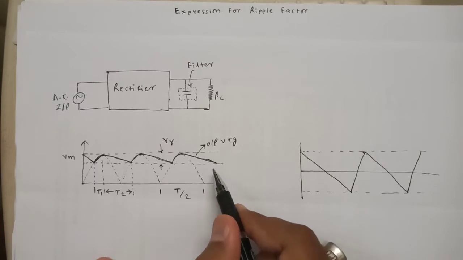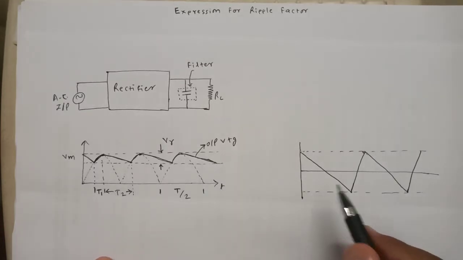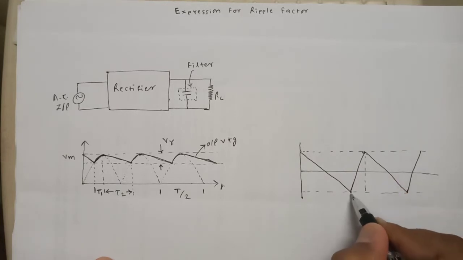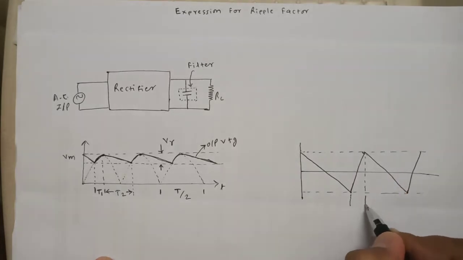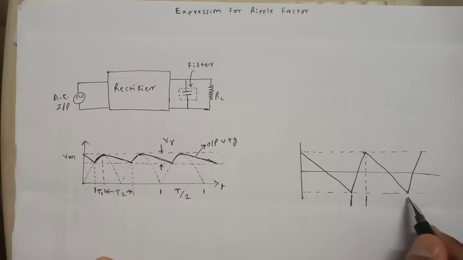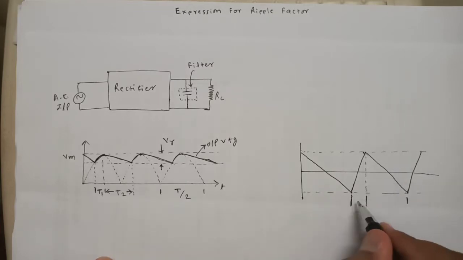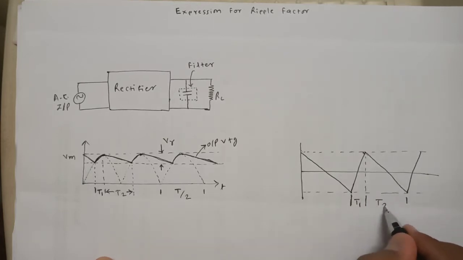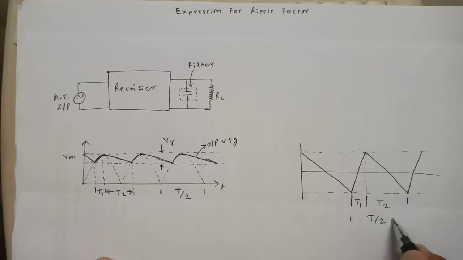Now again let us write the same notations here. As we know, this is the portion in which the capacitor is charging, and we should indicate very correctly that the charging time for the capacitor is very small as compared to the discharging time. As we have given the notation, the charging time is given by the time interval t1 and the discharging time by t2, and the sum of t1 and t2 is nothing but the half cycle, so it is T by 2.